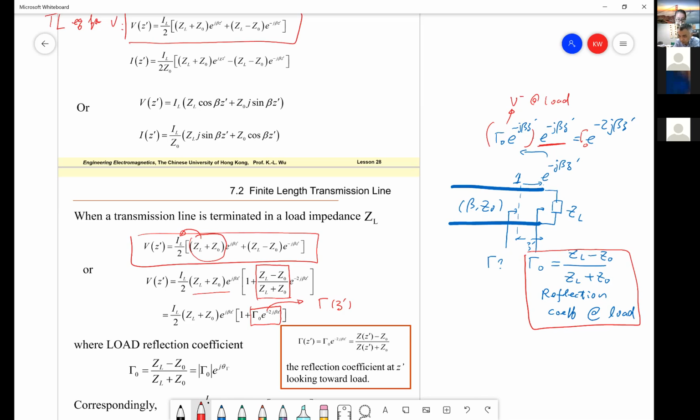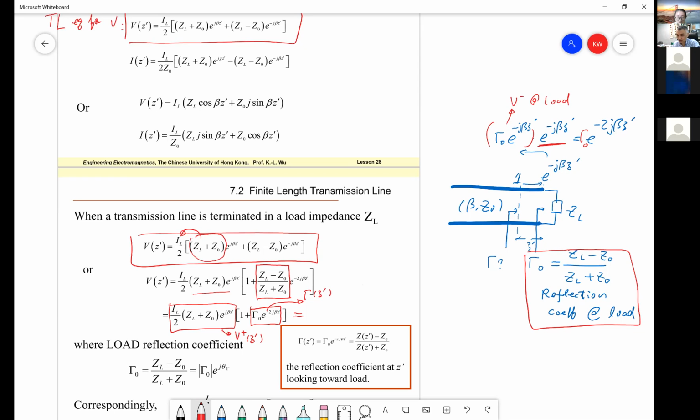So then, what is this? This is V plus at Z. Then we translate this equation.